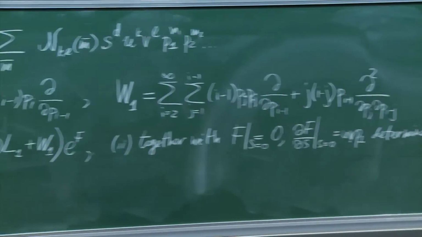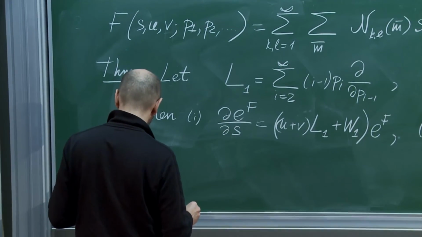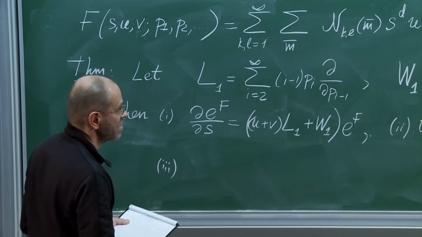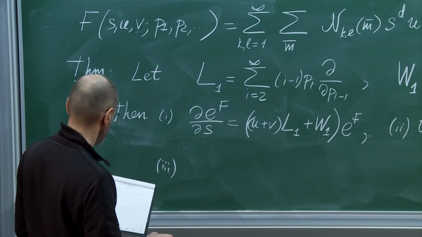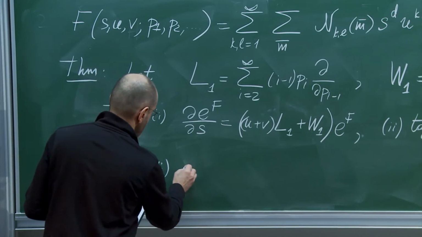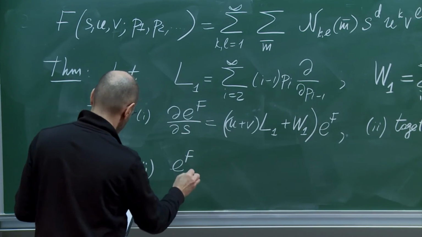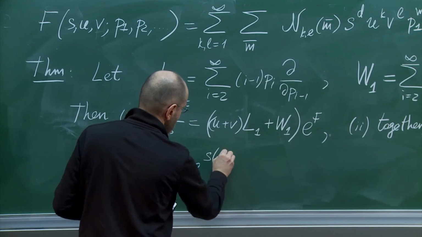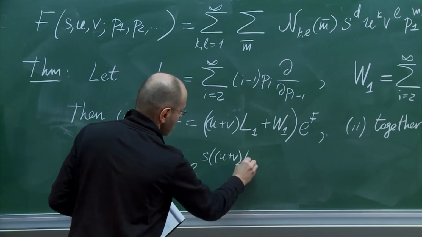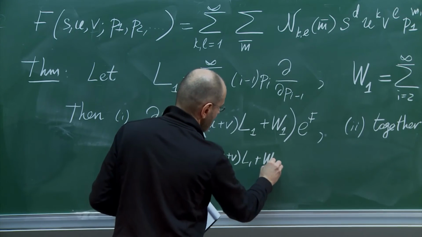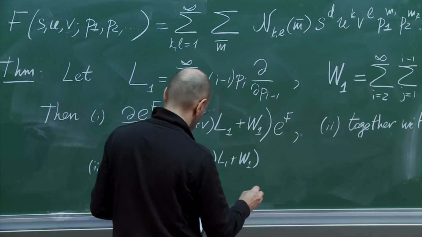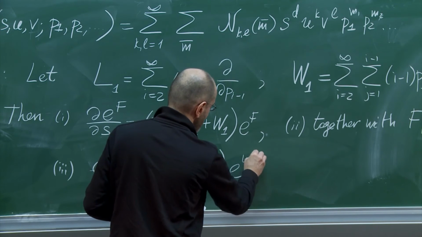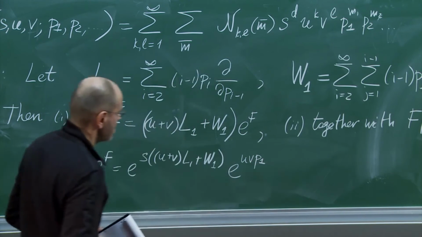And this function can be given by an explicit formula. The exponential of f is the exponential of s times u plus v times L1 plus W1 applied to the exponential of uvp1.